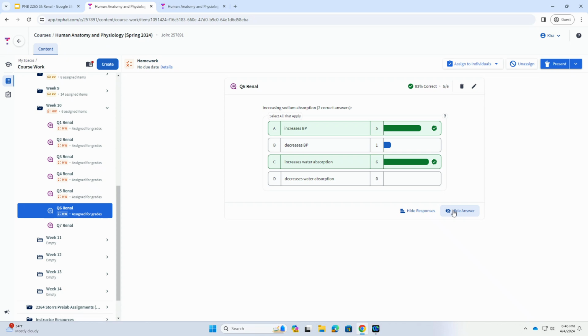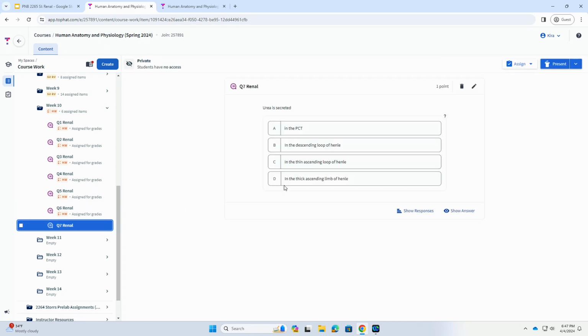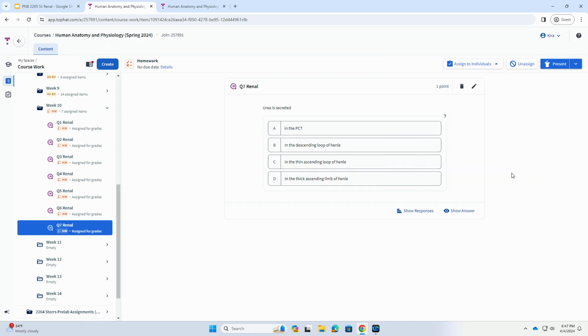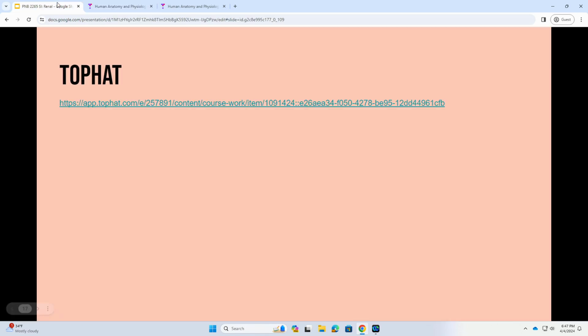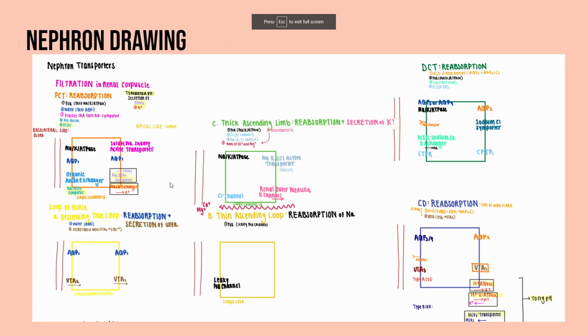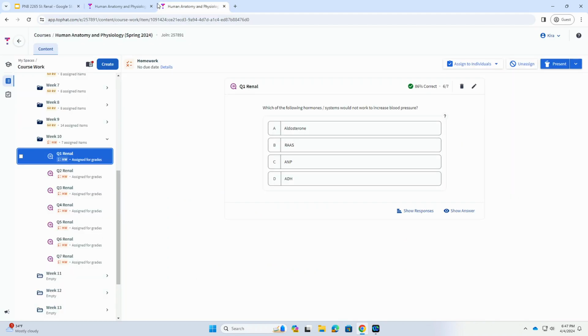Water follows sodium. So when sodium is reabsorbed, water is reabsorbed, and blood pressure increases. I didn't go over this again. This has to do more with these transporters, this slide. So we'll see how you guys do on this.